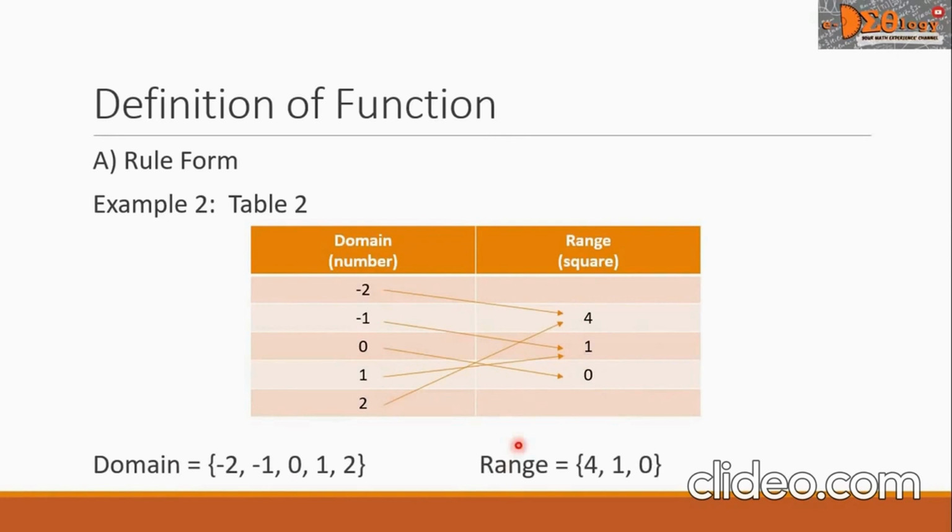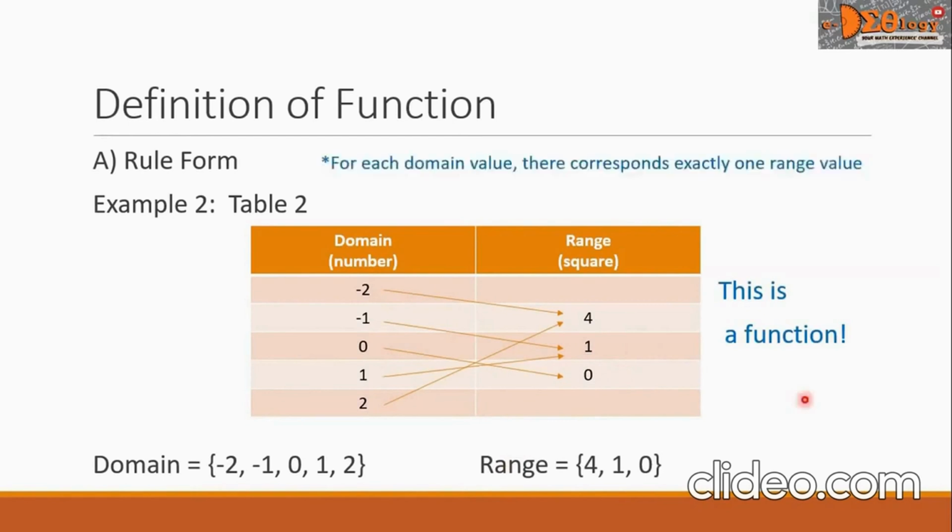And for the range, the elements are 4, 1, 0. This is a function because for each domain value, there corresponds exactly one range value. This is our final answer.